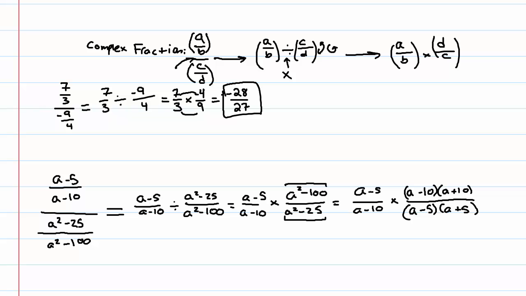We'll see that we have both an a minus 5 and a minus 10 on the top and the bottom. So we'll cancel out the a minus 5s, and we'll cancel out the a minus 10s. And we'll simply be left with a plus 10 over a plus 5. And that's about it for simplifying complex fractions. Thank you for watching.